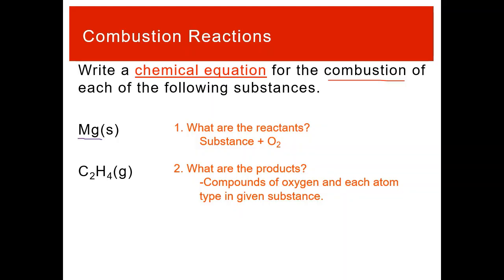For C2H4, I have carbon and hydrogen, and I have oxygen. For each of those atom types, I need a product. So I'm going to end up with two products for the C2H4 molecule: one is the carbon and oxygen compound, and one is the hydrogen and oxygen compound. Let's write it out and see what it looks like.